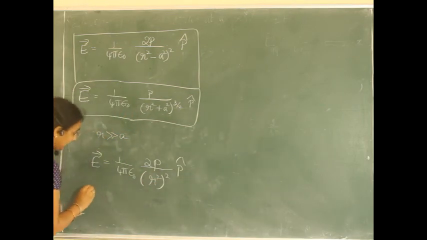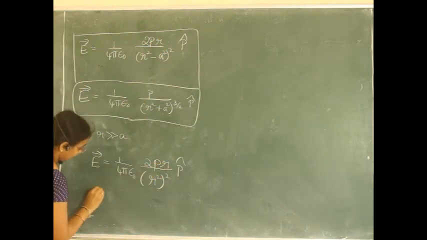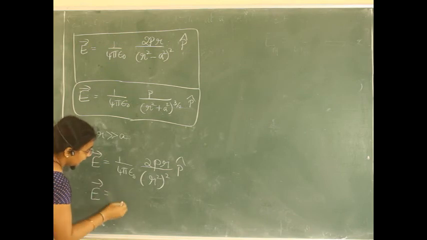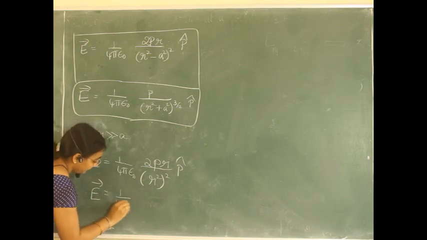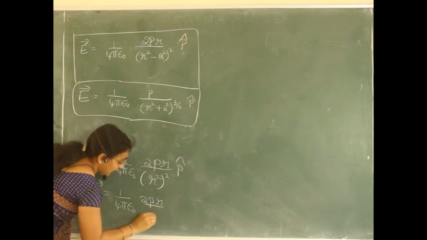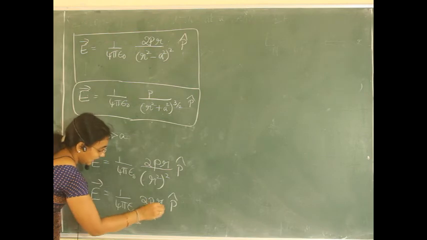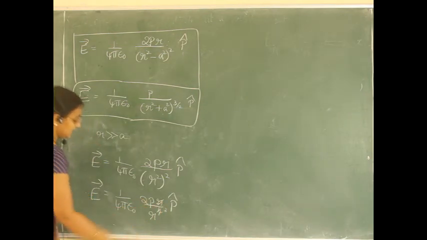Since R is greater than A, we can nullify A, so R squared minus A squared is nothing but R squared. Or else I can write one more R. So E vector is equal to 1 by 4 pi epsilon naught, 2p R by R to the power 4, into P cap. One R will get cancelled. What is remaining?